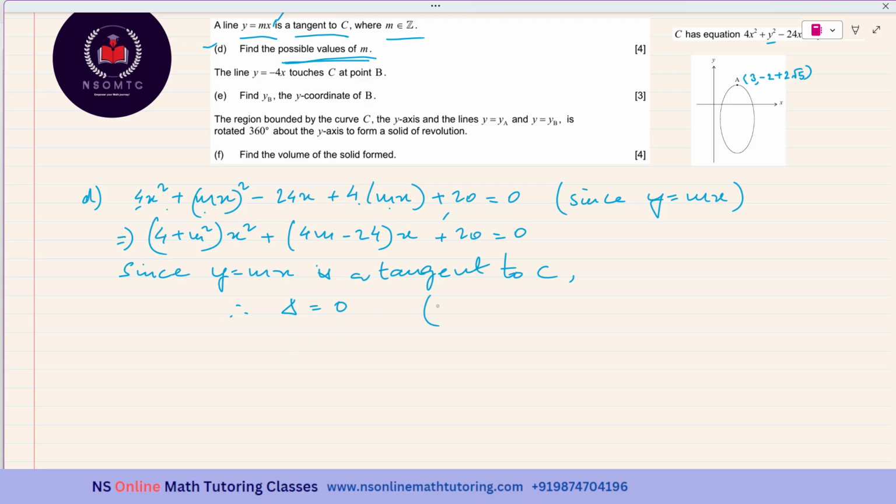Discriminant, what is it? B square minus 4ac. This should be equal to 0. And what is b? This one is b, this one is a, and this one is c. So b square means, therefore, 4m minus 24 whole square minus 4 times 4 plus m square and times c, so times 20.